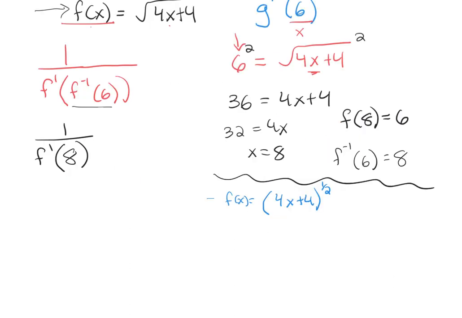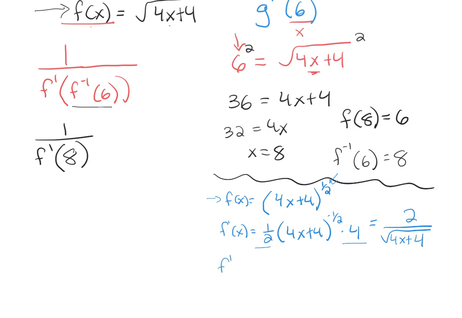Okay, so I rewrote f of x instead of a square root with the power, and I'm going to find the derivative of f using power rule, chain rule. So this is 1/2 times 4x plus 4 to the power of -1/2 times 4. This 4 times 1/2, so there's 2. So I'm going to rewrite this as 2 over the square root of 4x plus 4.